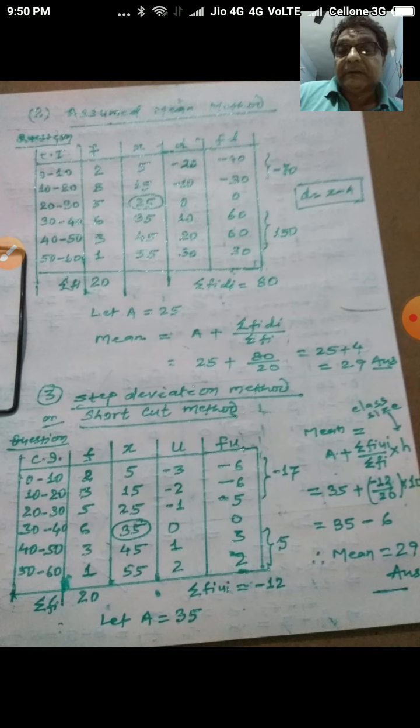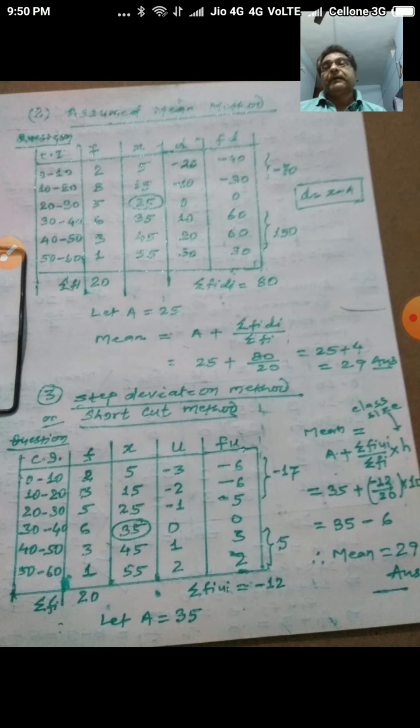Since these are very simple digits, when you multiply the u column with f, your multiplication will be much easier. That's why, for easy calculation, it has been given the name shortcut method.